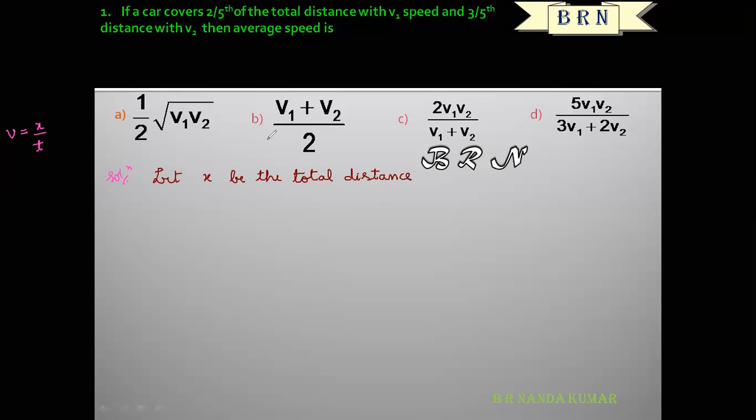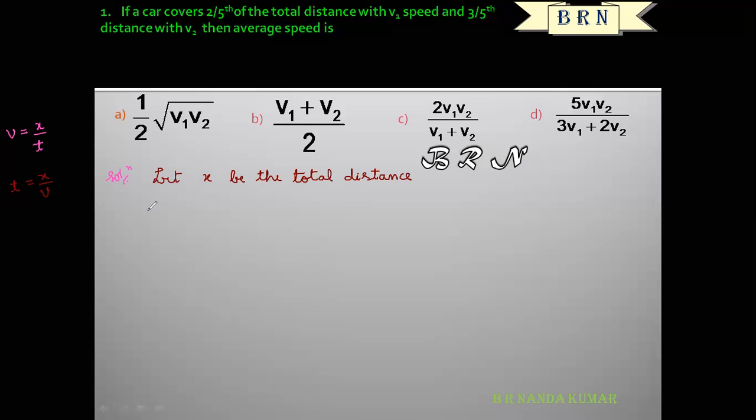So the car covers 2/5 of the total distance with V1 speed. First we have to calculate the time taken by the car to cover 2/5 of the total distance. Time is distance divided by speed.